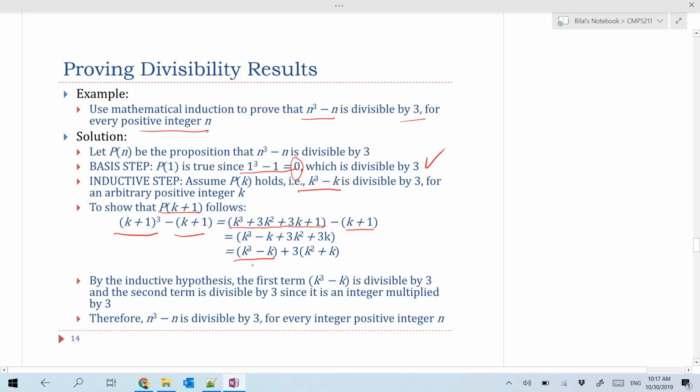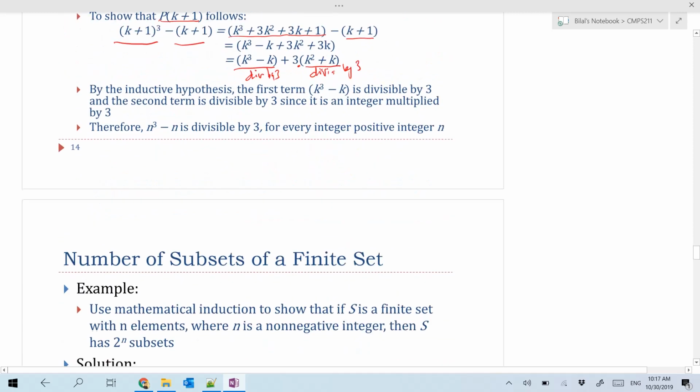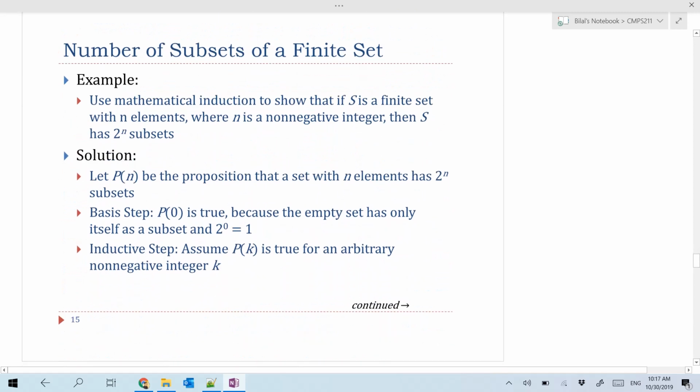So we have this divisible by 3 because of our hypothesis. And if we end up with a term multiplied by 3, then this is also necessarily divisible by 3, no matter what the value of k is. So we end up with the summation of two terms that are divisible by 3, and the final summation is necessarily divisible by 3. So, this proves that the property holds by induction for every n.